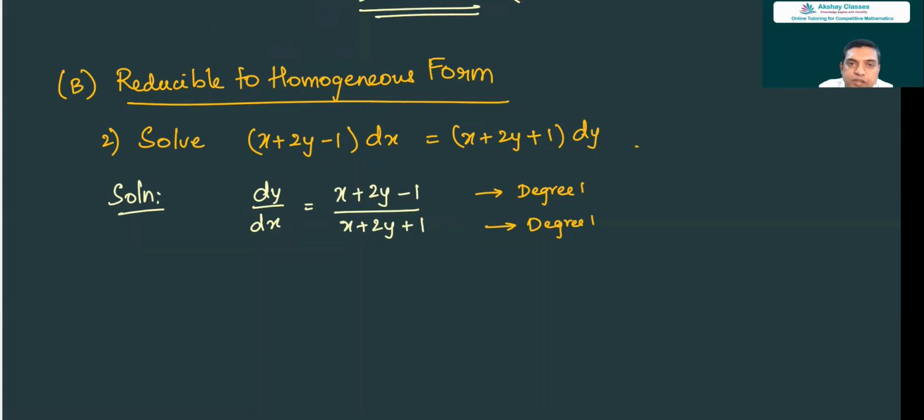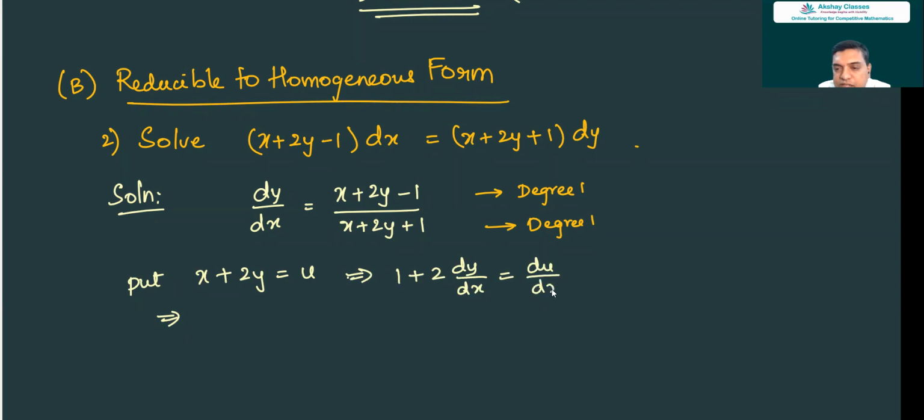Put x plus 2y is equal to u. So we get 1 plus 2 dy by dx is equal to du by dx.